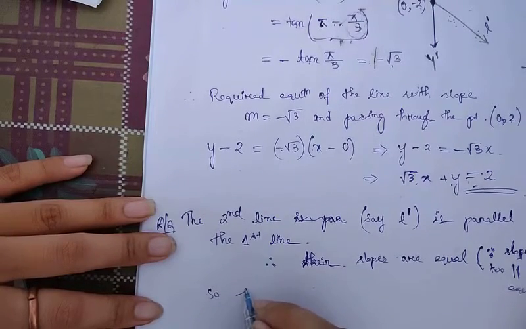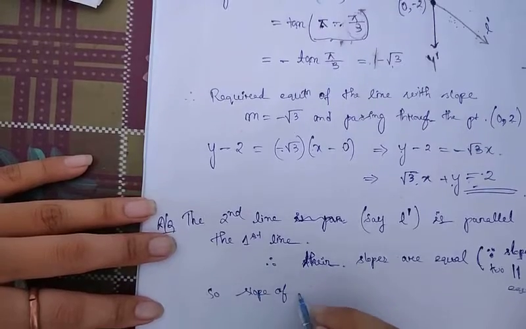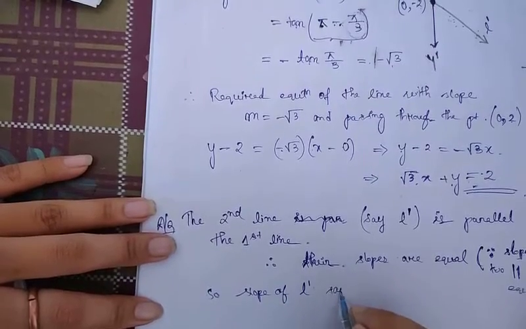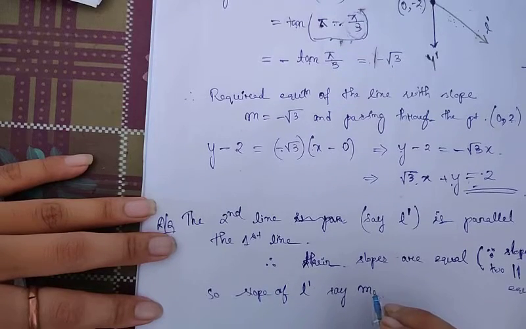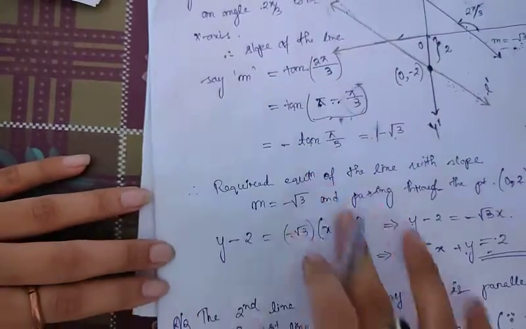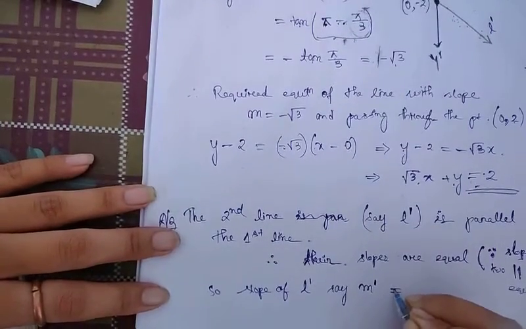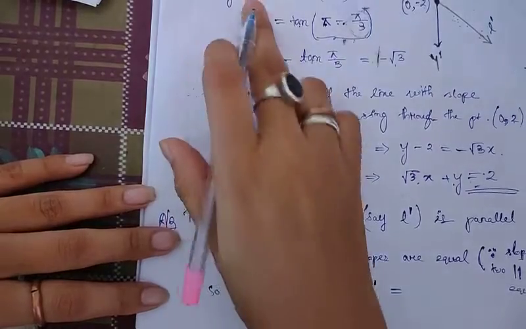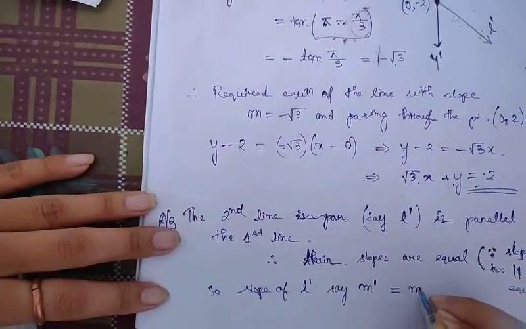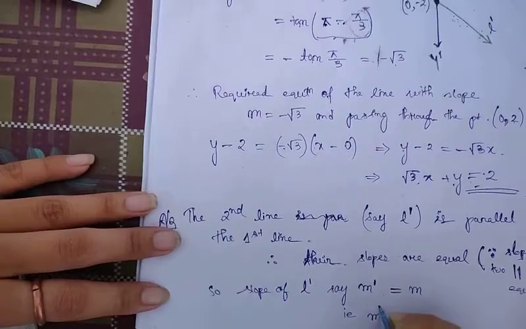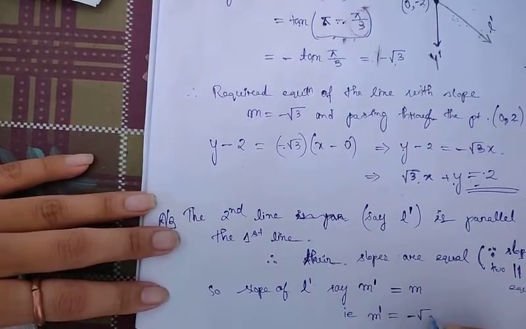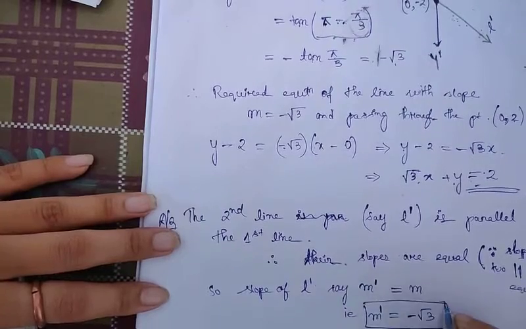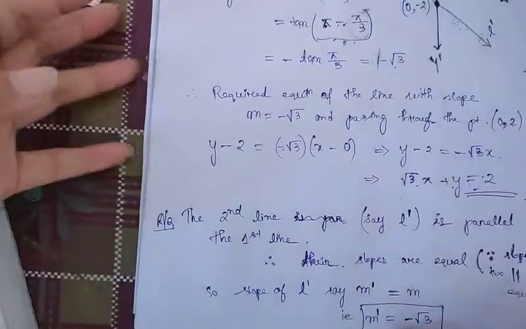So the slope of L dash, say M dash, we had taken the earlier slope as M. M dash equals M, that is, M dash equals the slope of this first line, minus root 3. So we have got the slope of the second line L dash.